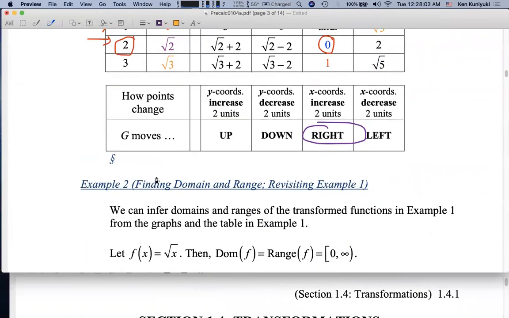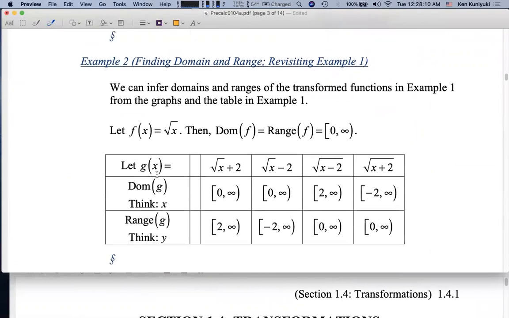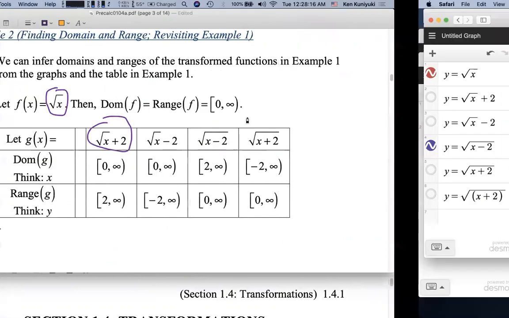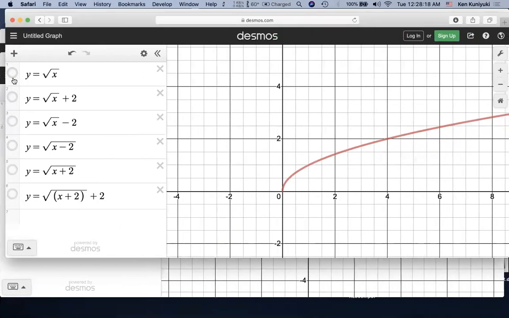Now, more frequently, we can use transformed graphs to figure out domains and ranges. So for example, when we go from y equals the square root of x to y equals the square root of x all plus 2, we're going from the red graph here to the blue graph over here, where we shift the graph up. What happens to the domain and the range? The domain, the x-coordinates we pick up. The range, the y-coordinates we pick up. What happens?